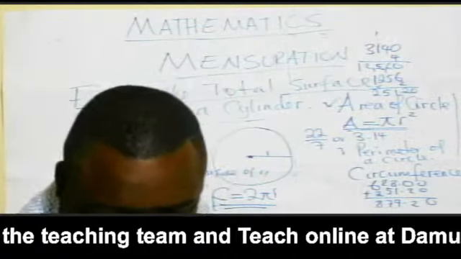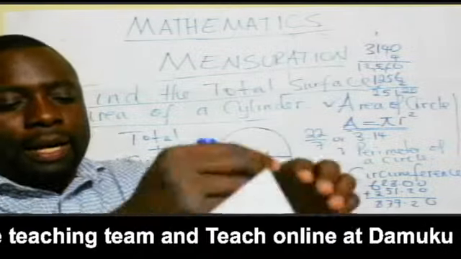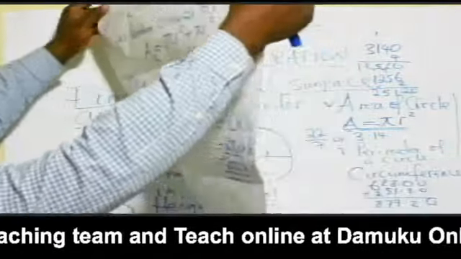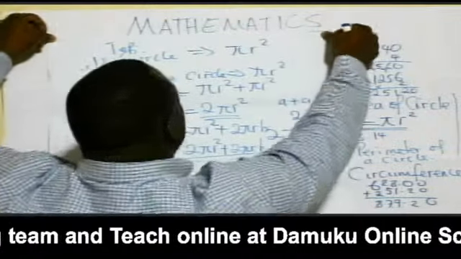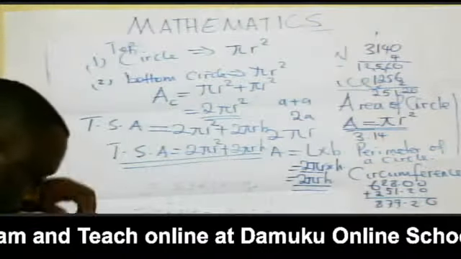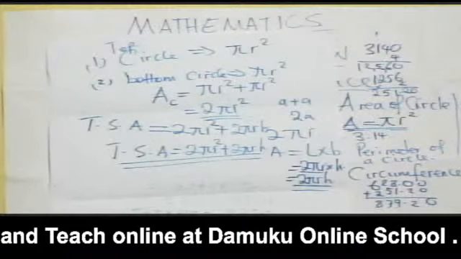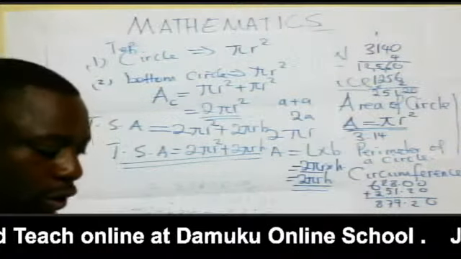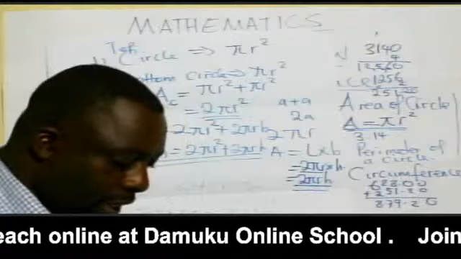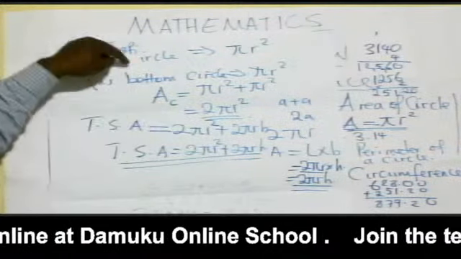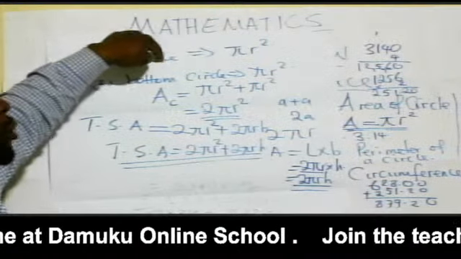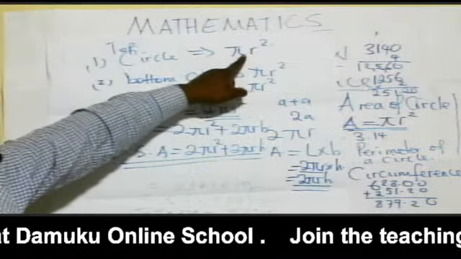So now, before we go deeper, I have a chart with me. This chart will help us to understand what we are actually talking about. Like I've said, we have two circles. The first circle is the top part, the top circle, which has the formula pi r squared.